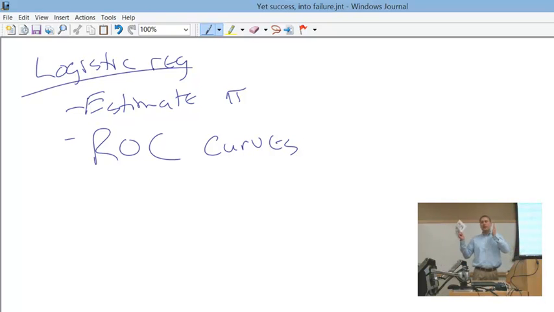Let's say in R I ask you to do an ROC curve, and then I say, why don't you draw it out on your paper. Depending upon where you put the curve, that shows me whether or not you actually did it right on the computer.